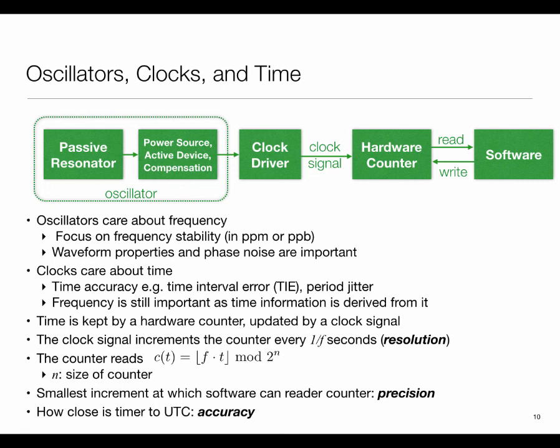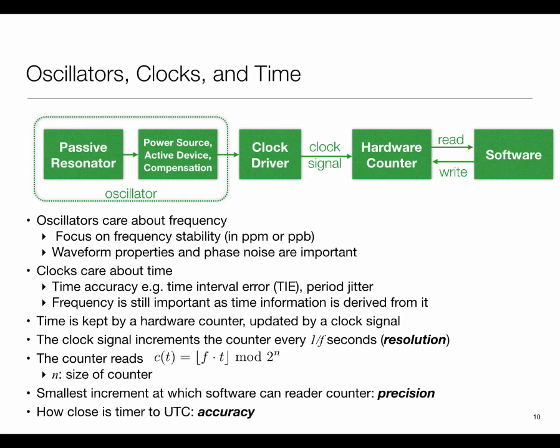So what was happening was the following: we take the reading of this hardware counter and then we update some software data structure, where we are maintaining our understanding of the UTC time.